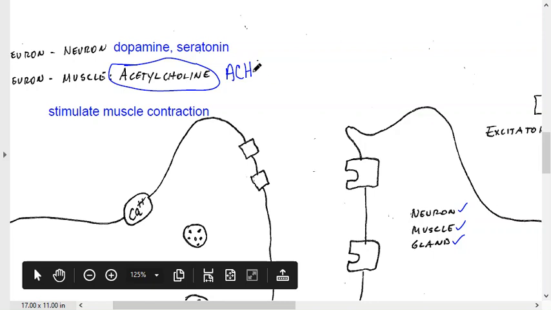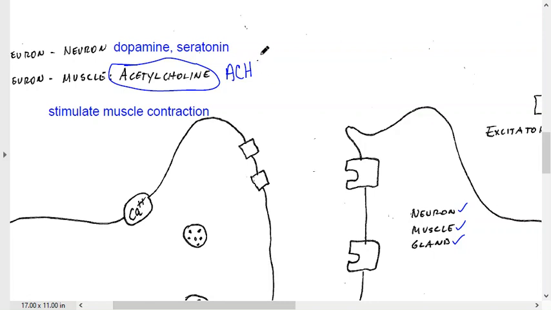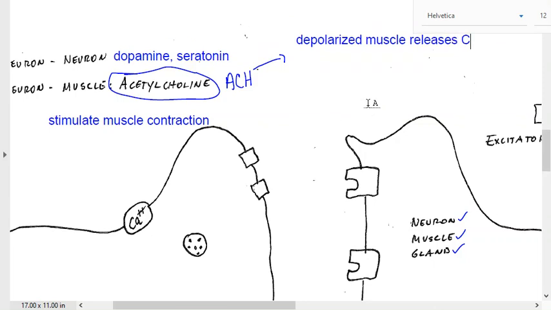You don't really have to know this, but I'll give it to you anyway, and you might know this if you took anatomy in the past, or maybe you're taking it this year. Basically, what happens in the muscle tissue is that depolarized muscle releases calcium from a structure called the sarcoplasmic reticulum.